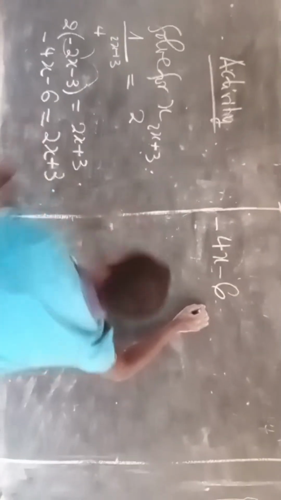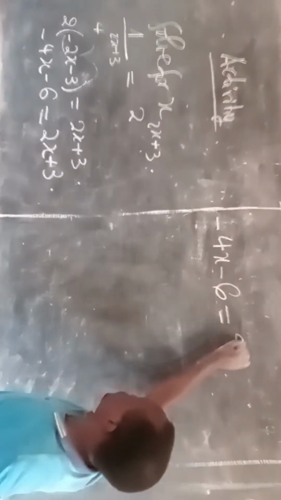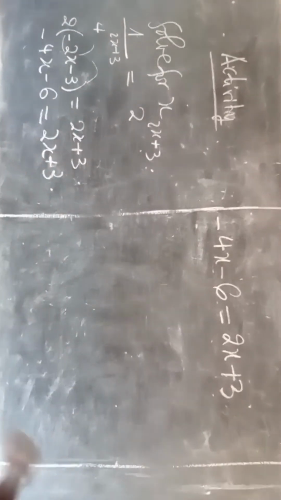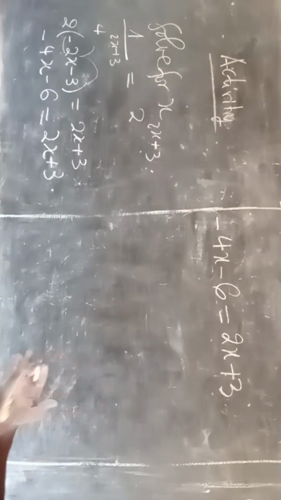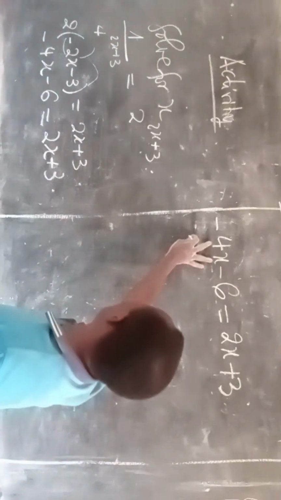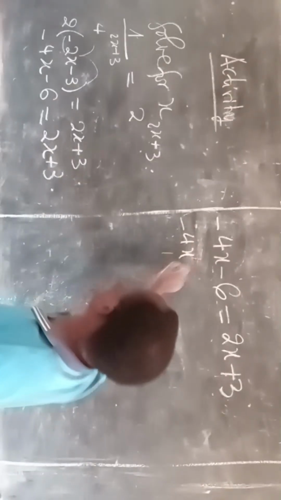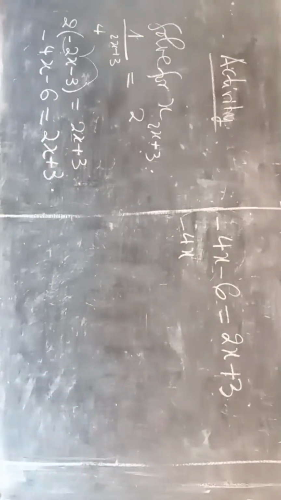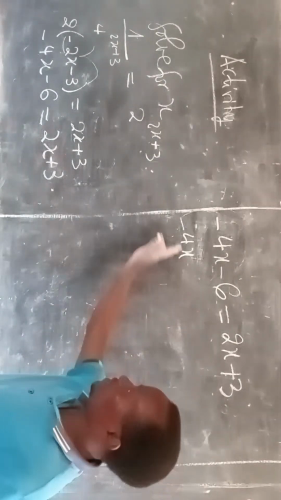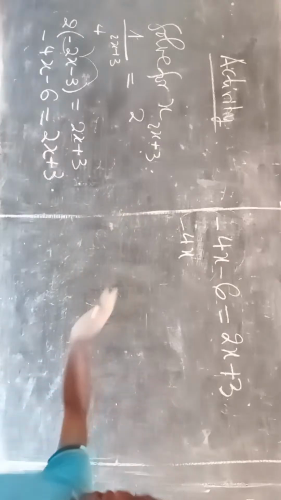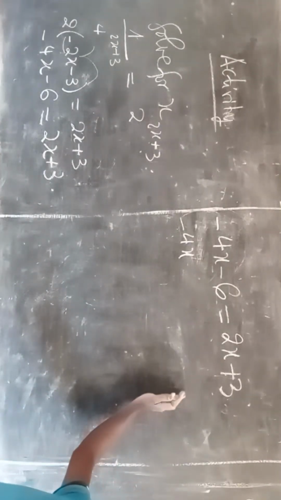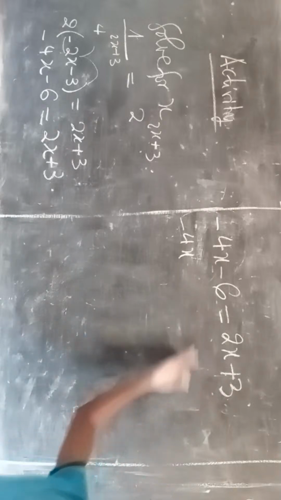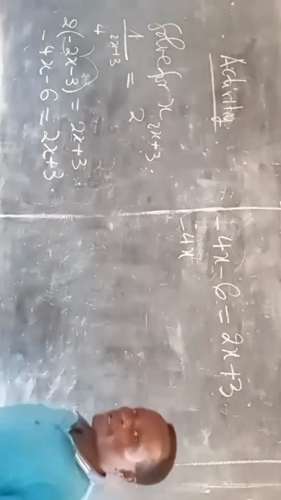Let us write this one is equal to 2x plus 3. Now we are going to collect similar terms where we have this minus 4x, means those terms which have the value of x will come in the first member, and those terms which have no value of x will come in the second member after the equal sign.